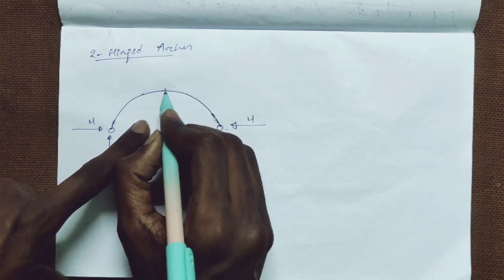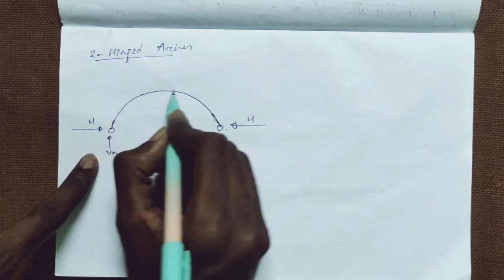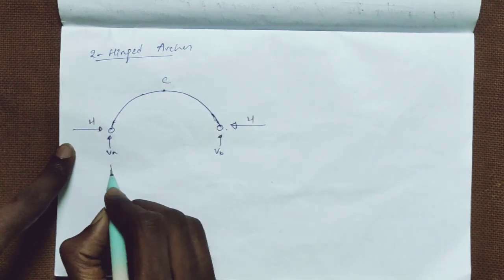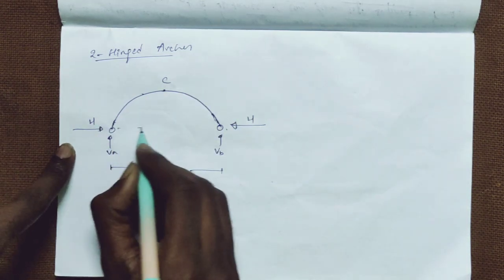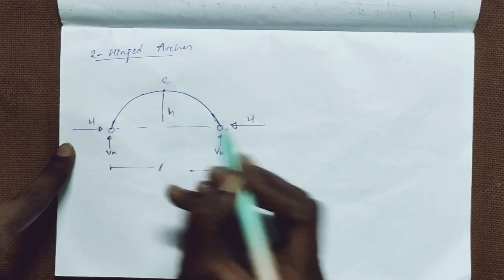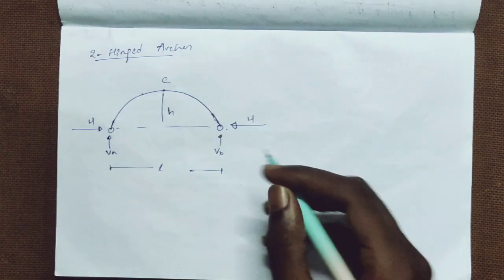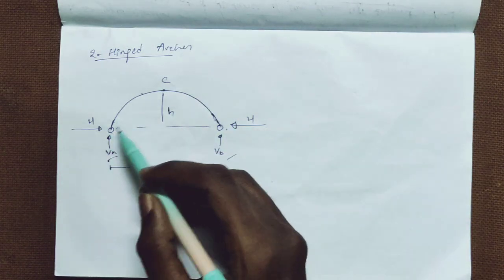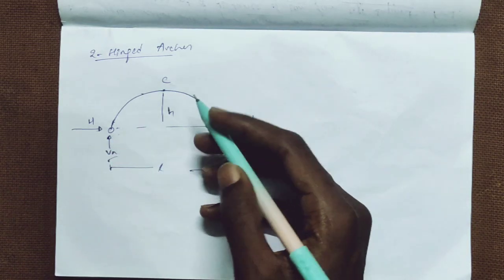There will be a crown, but it will not be hinged, just a C. This will be L, and this is h. We can find VA and VB by taking moments at A and B.